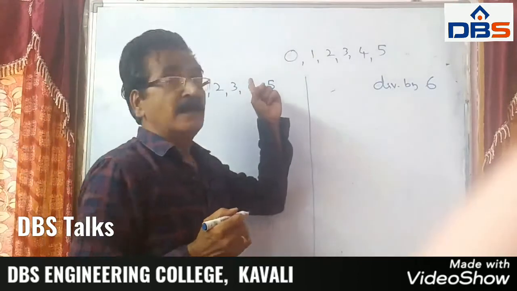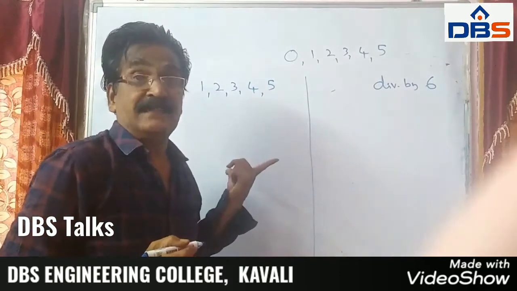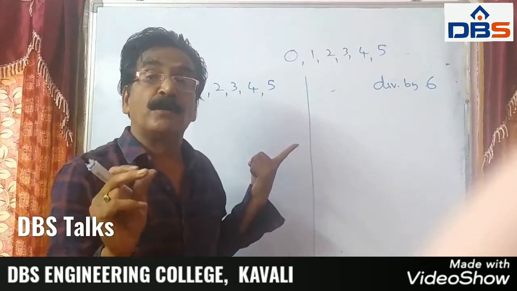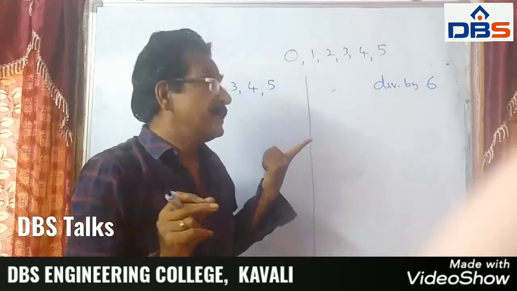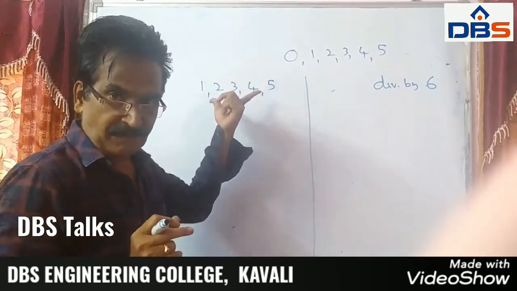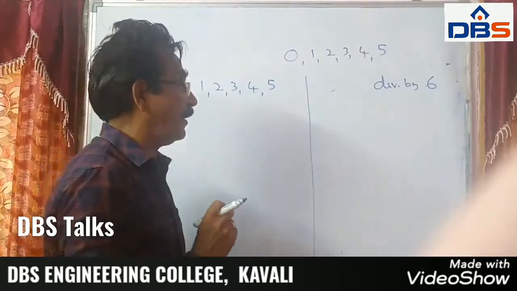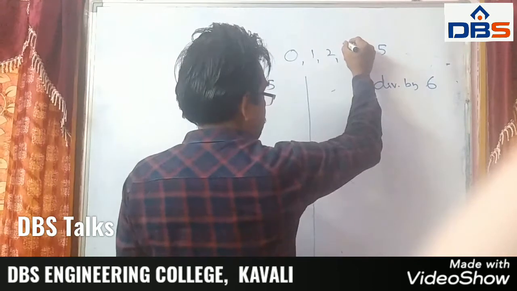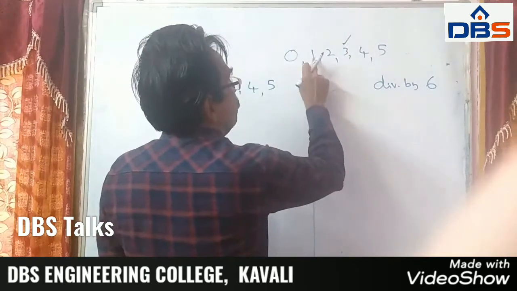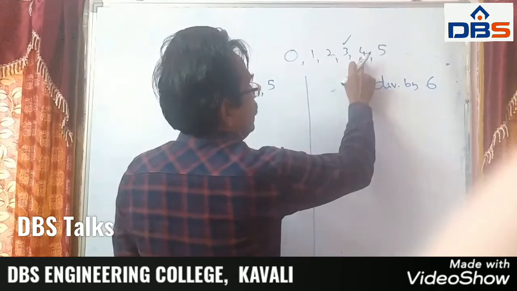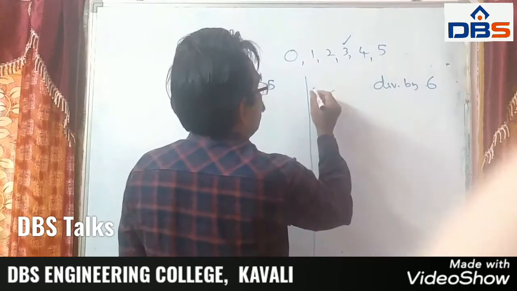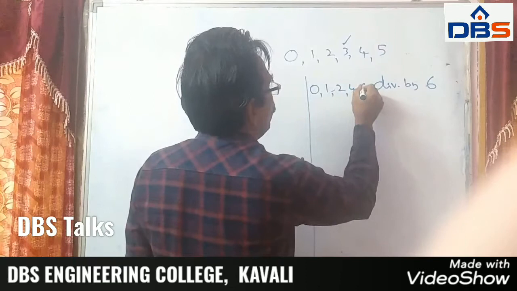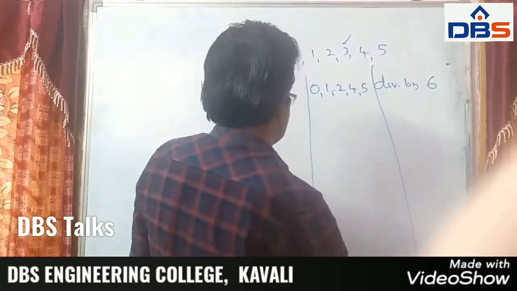This is one set. We have to form 5-digit numbers either from this set or, see friends, if we eliminate 3: 0 plus 1 plus 2 plus 4 plus 5 is 12. So 0, 1, 2, 4, 5 is the second set.